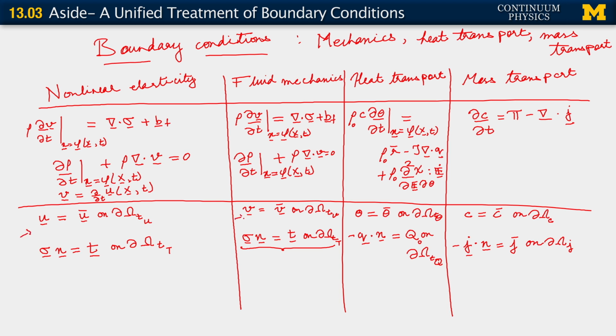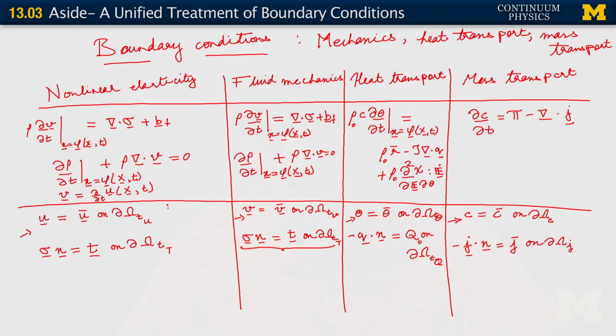We call this the velocity boundary condition, the temperature boundary condition, and the concentration boundary condition. So I want to demonstrate first of all that there is a sort of unity here. We always have a condition on the primary variable. These kinds of conditions on the primary variable are universally called Dirichlet boundary conditions, after a French, I believe, mathematician.